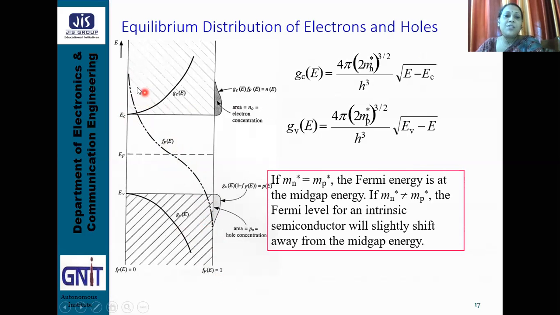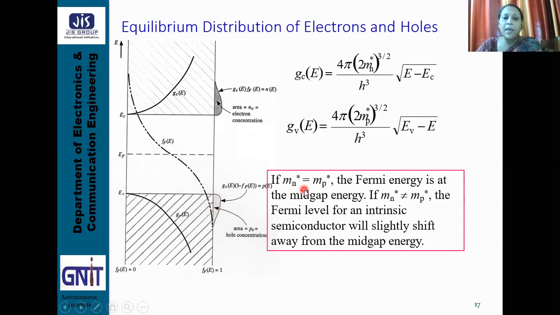This cross-sectional region corresponds to this region, the area of concentration n0. This is the total number of charge carriers present in the conduction band. The shaded region shows the total number of holes present in the valence band.